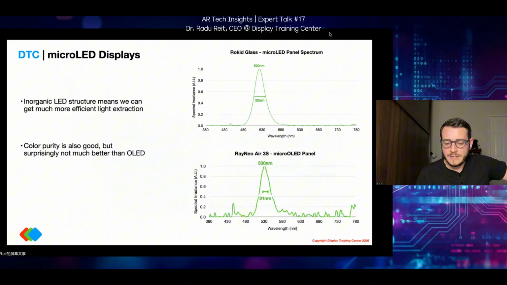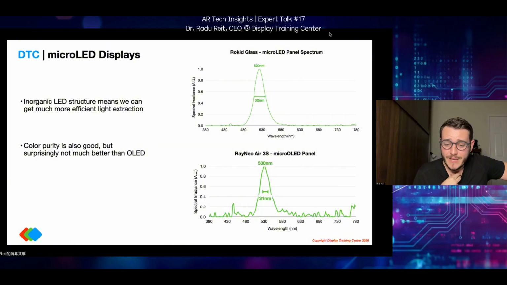But on color purity, one question I get a lot is, well, OLED is an organic emitter, and an inorganic light emitting diode should be a much purer color, right? And the answer is no, actually. I show here an example comparison between the Rokid glass monochrome green micro LED and Rayneo's green micro OLED subpixel.